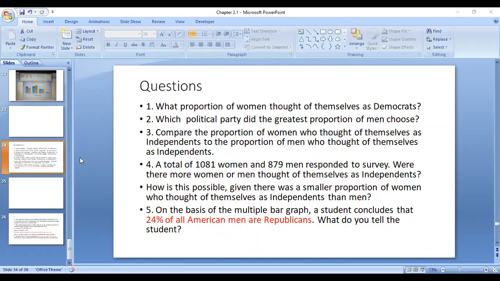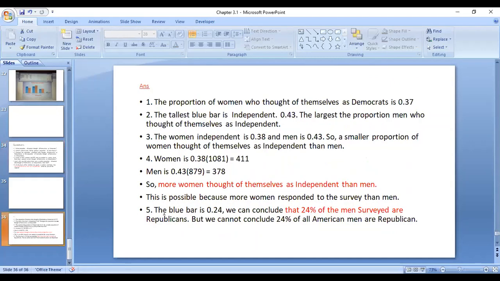So only 24% of men in the survey are Republican, but we cannot conclude that 24% of all American men are Republican. When you look at the problem, you have to pay attention to the survey versus all Americans.